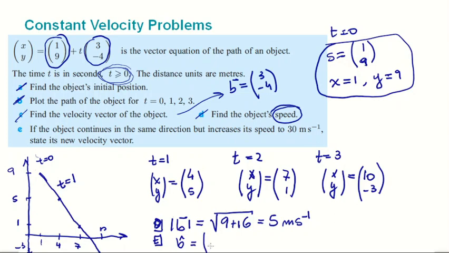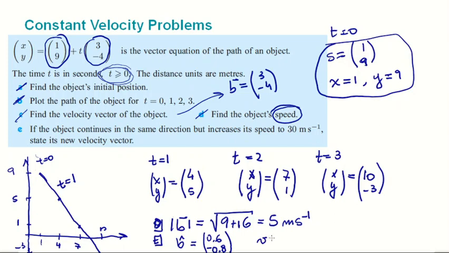So this would simply be, if we divide 3 by 5, 0.6. And if we divide negative 4 by 5, this would be negative 0.8. You could leave it as a fraction if you want. It's just that I prefer the decimals for you to put in the calculator.